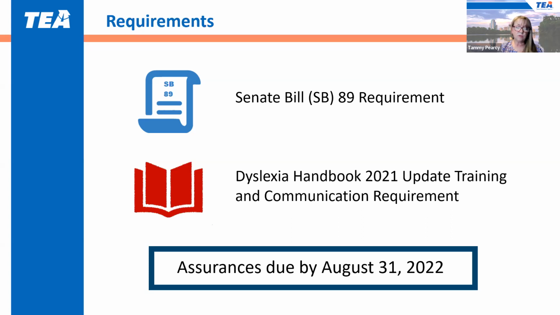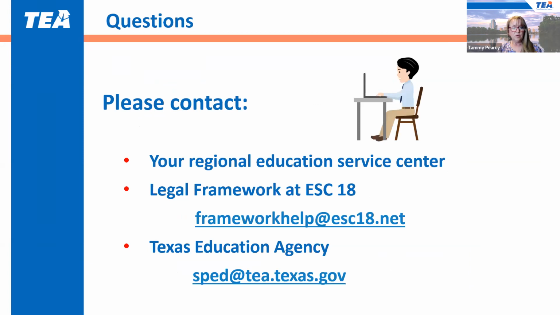Those materials, websites, resources, and information to parents and staff have to be assured as completed by August 31st of 2022 to meet our monitoring requirements under OSEP. And I think that's it. I'm sure there might be a few questions in queue about these assurances, so I'll pause here to see if anybody wants to push up those questions.